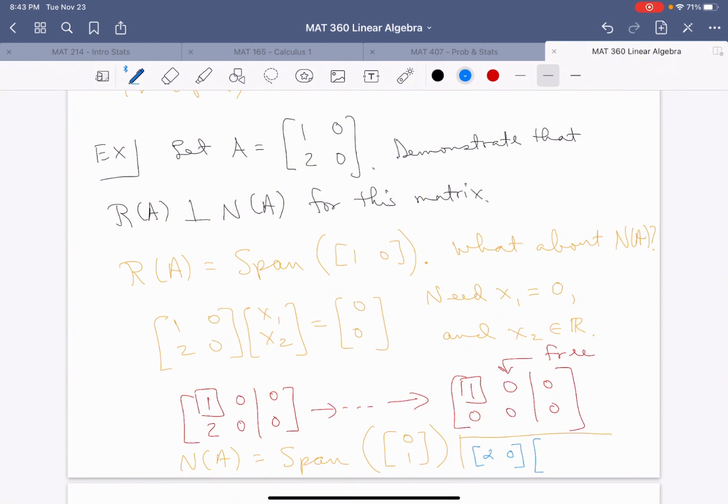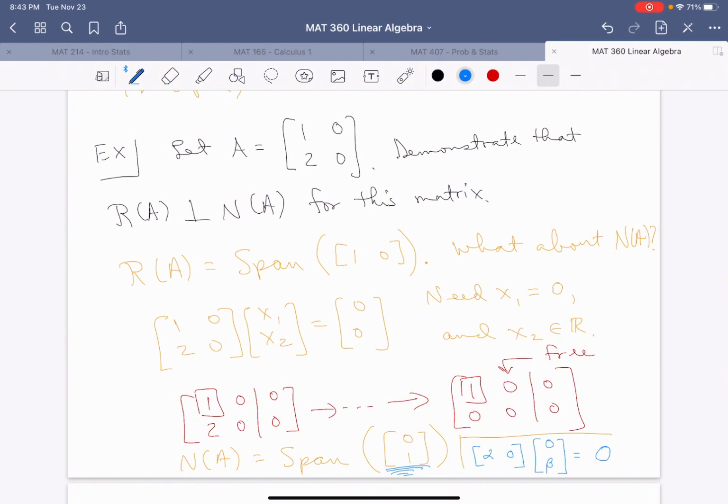And an arbitrary element from the null space would be 0 in the first position, and then beta in the second position, so it's just some beta times that vector 0, 1. And it's easy to see that the dot product there is 0. So that's a simple example exercising that fundamental subspaces theorem.